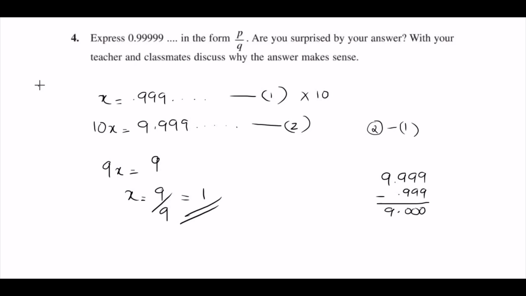So the decimal expansion was 0.999 that goes on. And when you expressed this non-terminating and repeating decimal expansion in the rational form, you got it as 1. So when you analyze these two numbers, you can see when this 0.99 goes forever, it will reach 1. That is, almost they are equal.